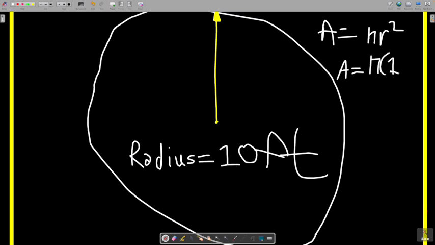So we'll write 100. And pi times 100 is around 314. So it's approximately equal to 314. And then the unit is feet squared. So the answer is 314 square feet.